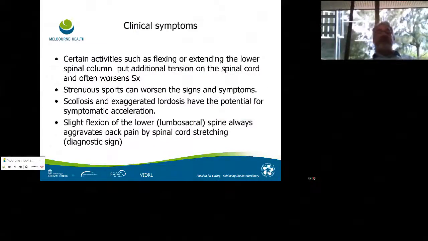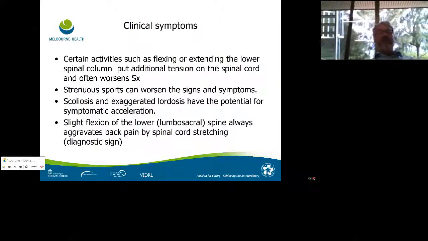Certain activities, flexing or extending, especially flexing the lower spinal column, put additional tension on the spinal cord and often worsen symptoms. I have seen this in a high-level basketball user who had to give basketball away due to significant low back pain issues.